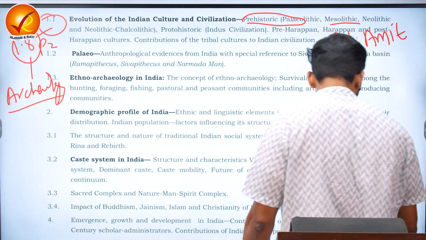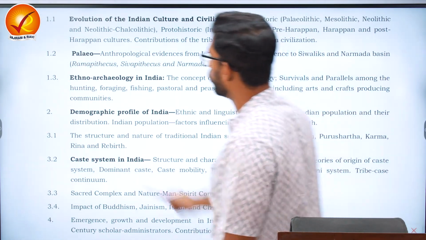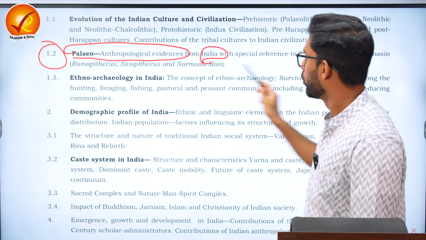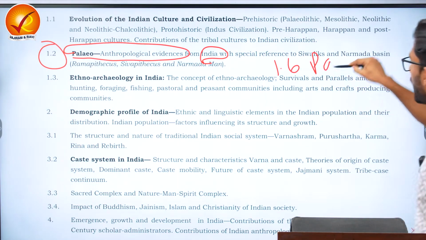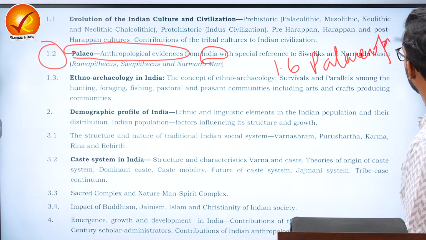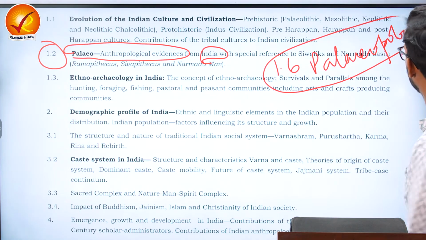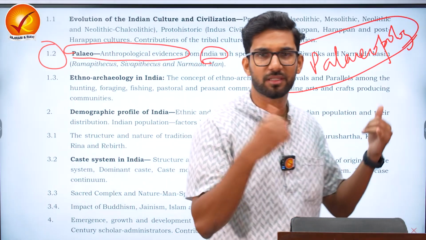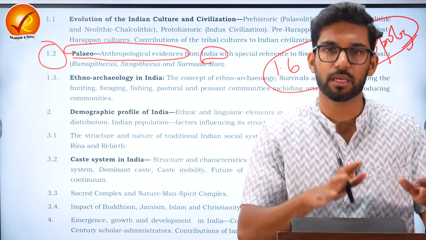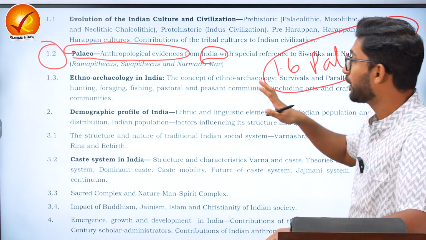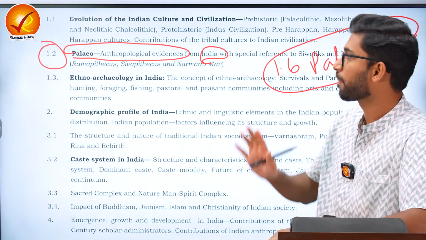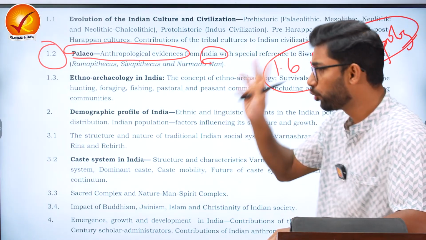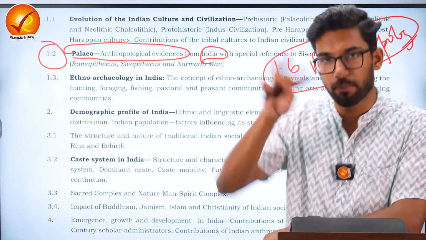1.2 is paleo-anthropological evidences from India. If you recall, 1.6 was paleo-anthropology, which had different fossils like Australopithecus, Cro-Magnon, Grimaldi, Neanderthal, everything. That was generally for the whole world. Here in 1.2, we are specifically dealing with two fossils found in India.